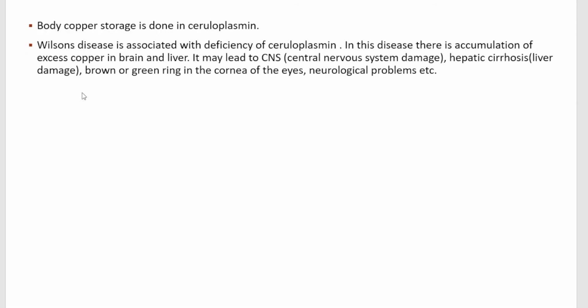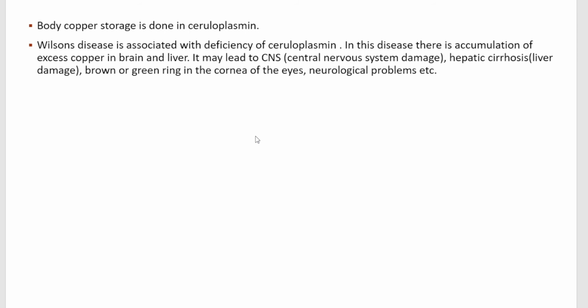Okay. Next, body copper storage: the main protein that stores copper in your body is ceruloplasmin. Wilson's disease is because of the deficiency of ceruloplasmin. What happens in this disease is there is accumulation of excess copper in your brain and liver.